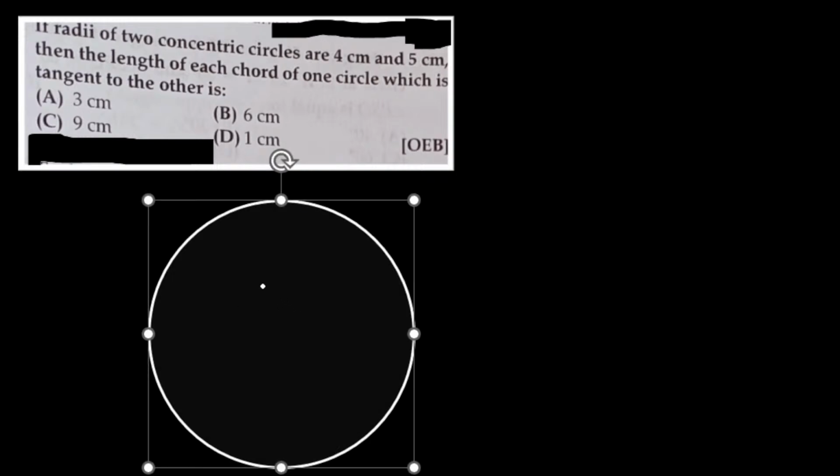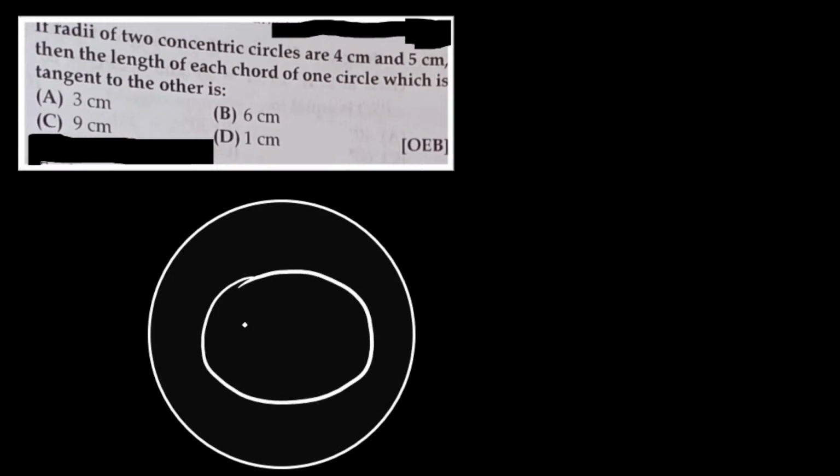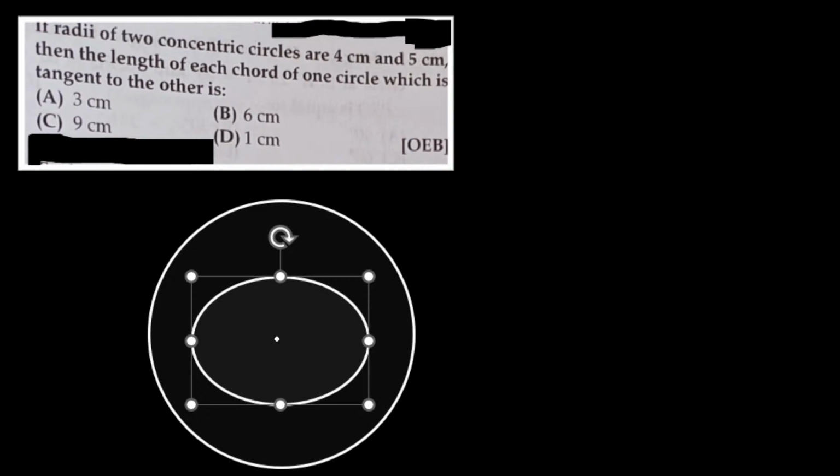The radii of two concentric circles are 4 centimeter and 5 centimeter. Concentric circles means the circles with the same center. So like this, here is one circle and here I have another circle. These two circles are concentric circles.